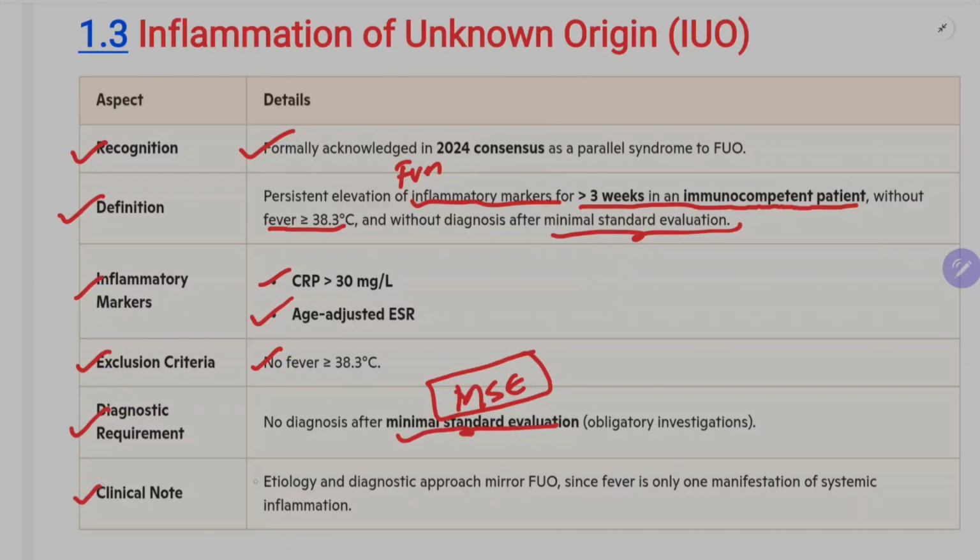Clinical note: etiology and diagnostic approach mirror FUO, meaning the causes of IUO are similar to FUO, and that's why the diagnostic approach is similar to FUO in IUO also. Why? Since fever is only one manifestation of systemic inflammation. So instead of fever you have increased inflammatory markers here.